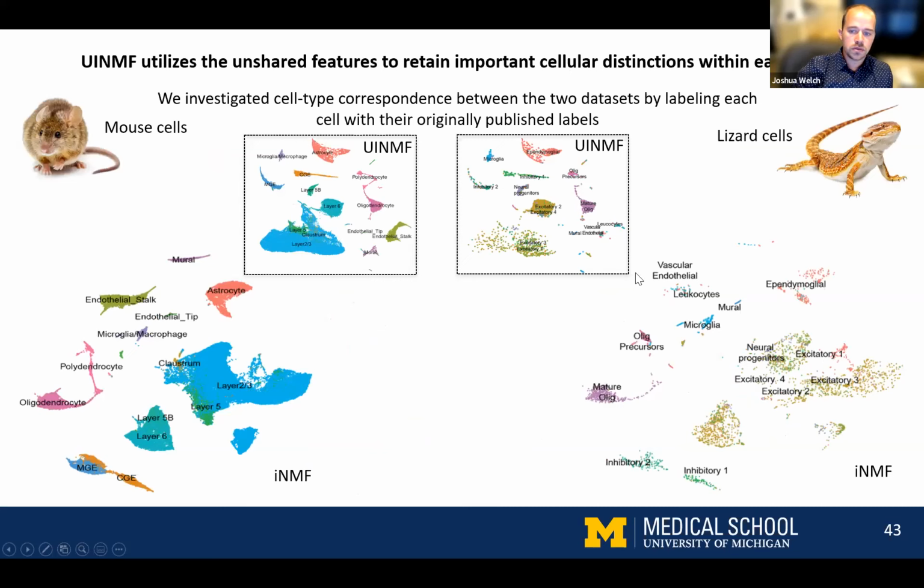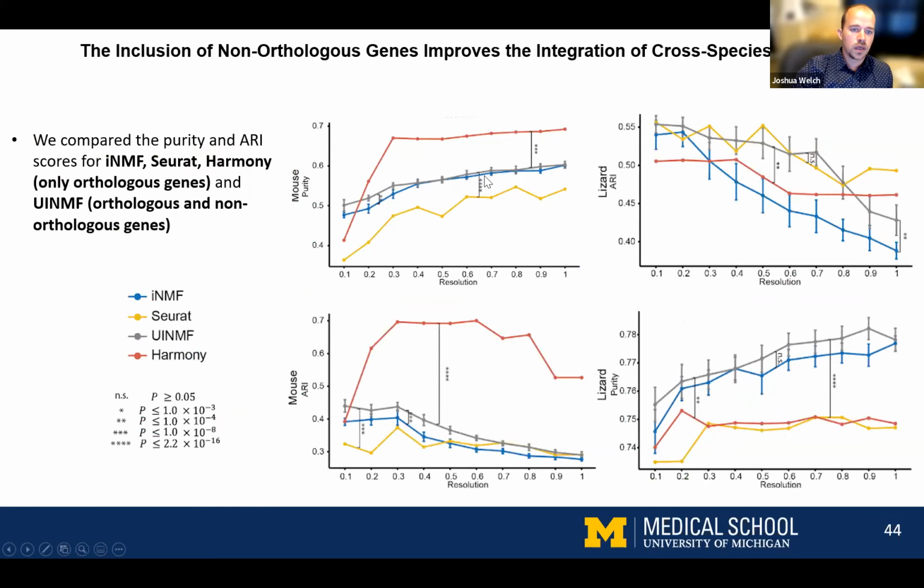And so if we compare this result to what we would get from using only the orthologs, we can see that we're less able to separate some of the important neuron types, particularly some of the excitatory neuron layers. And we can quantify this again using the purity and adjusted RAND index. And in this case, we have nicely curated cluster labels for both the mouse and the lizard. And so we could look at the purity and ARI of both species.